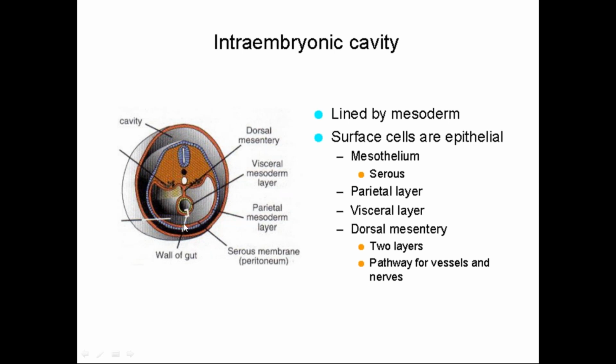Otherwise, it's missing, and this will get much clearer when we do the abdomen. The dorsal mesentery gives a pathway for the vessels and nerves to traverse to the organs which are present there.